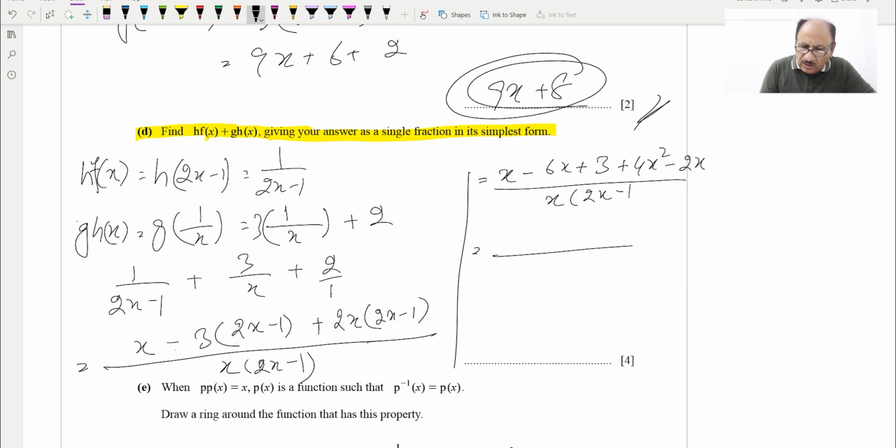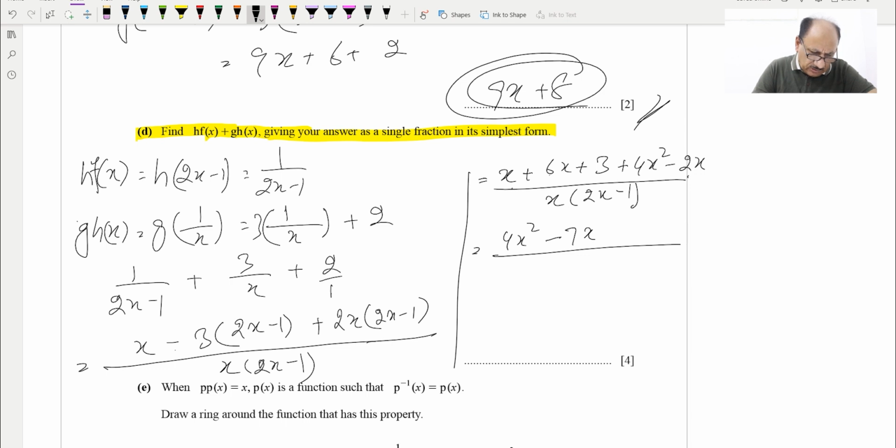Then we add the like terms. 4x squared as it is, then x and 6x and minus 2x, so this will be plus 5x.